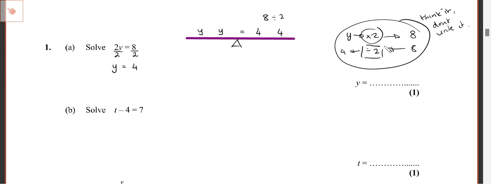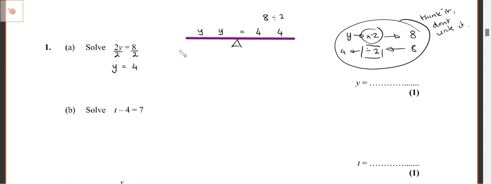That works for the simple ones like this one. I want to get back to doing the balancing method. Okay. Yes? Do we have to show our working? Yes, definitely, I want to see the working at every stage. Some of them it might be super quick and hardly write anything, but I would like you to try and write as much now. Okay.